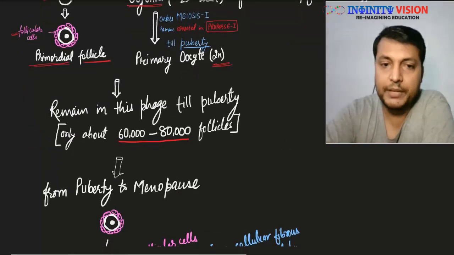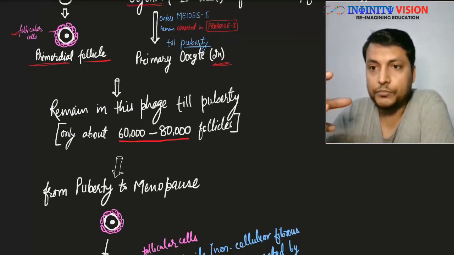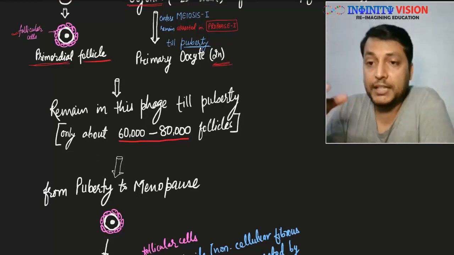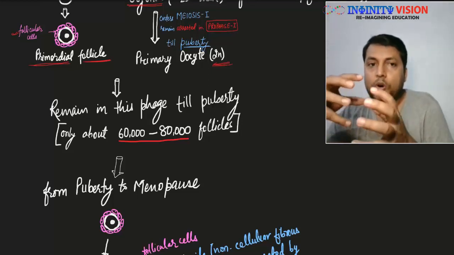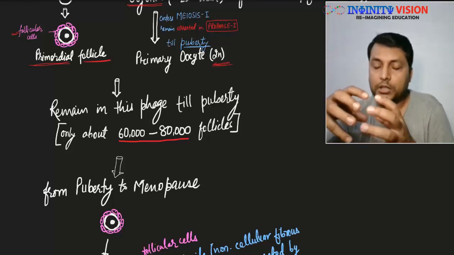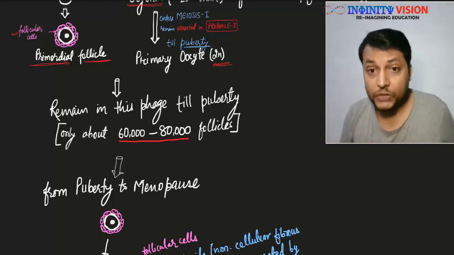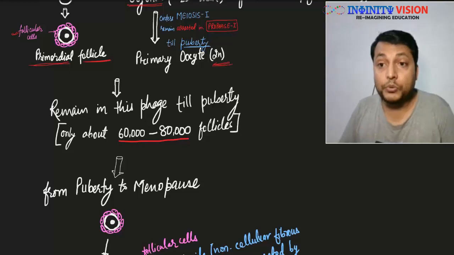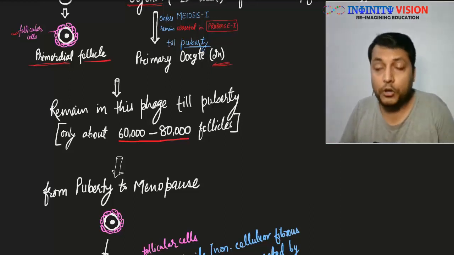Now during this whole process of waiting 10 to 12 years or maybe 14 years, it happens that some of these primordial follicles naturally degrade.